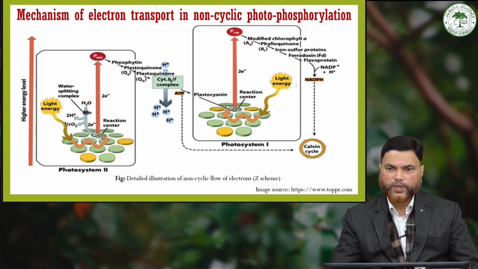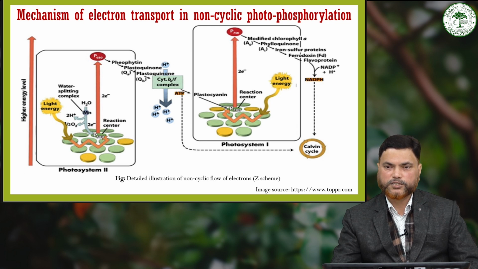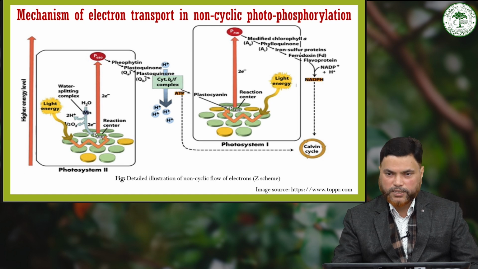On the other hand, the electrons that replenish photosystem 1 come from an electron transport chain that originates from photosystem 2. So, coming back, P700 after absorbing a photon becomes excited to a higher energy state, which is denoted as P700 star, that is the excited state. So, what happens now? Excited P700, which serves as an efficient electron donor, or you can say a strong reducing agent.